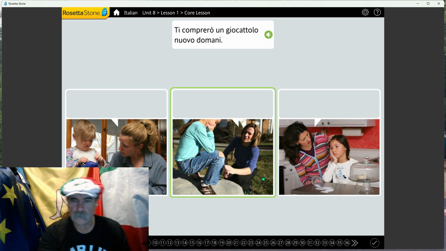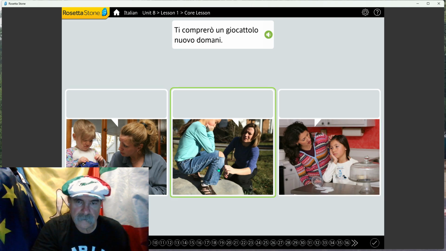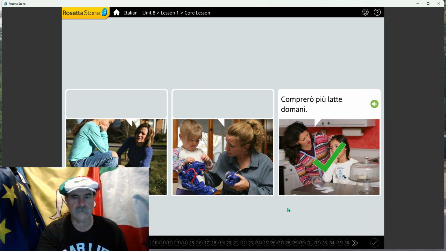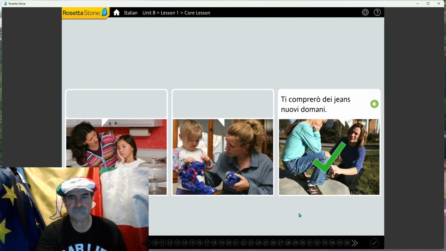They broke their toy. And this one spilled the milk, and this one probably skinned her knee. Comprerò più latte domani. You can have more milk tomorrow because you just couldn't take care of your milk today. Ti comprerò dei jeans nuovi domani.